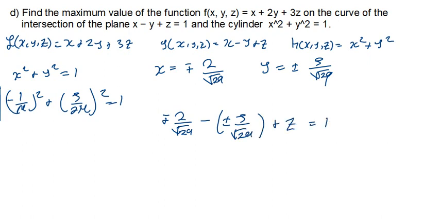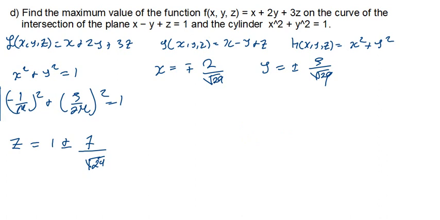So your z will be equal to 1 plus or minus 7 over root 29. You can take it step by step and you're going to arrive at that answer. Now we have our x, our y, and our z.